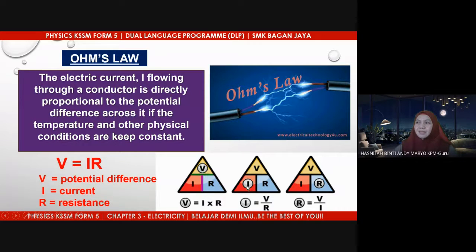If you make I the subject, I becomes V over R. If you make resistance the subject, resistance is potential difference divided by current. So this is the triangle you can use to understand Ohm's law. V equals IR, I equals V divided by R, R is V divided by I. So this is the Ohm's law formula, V equals IR.